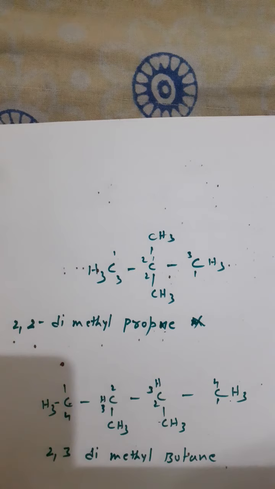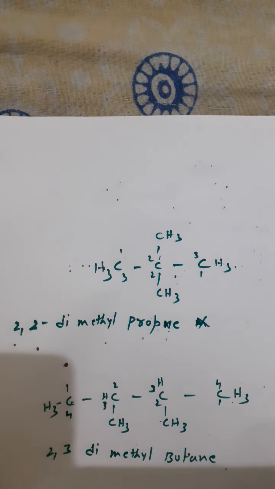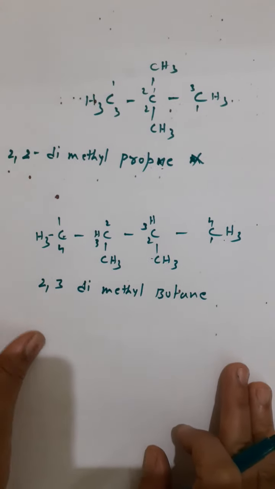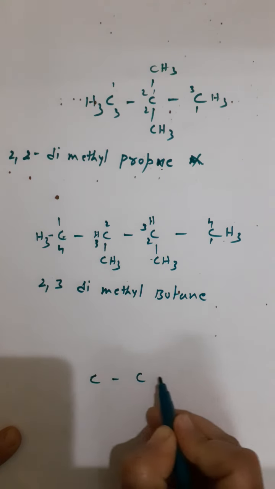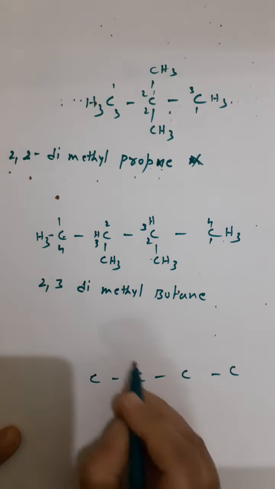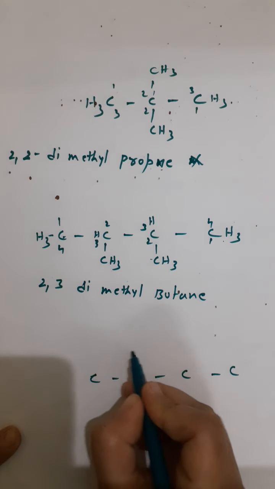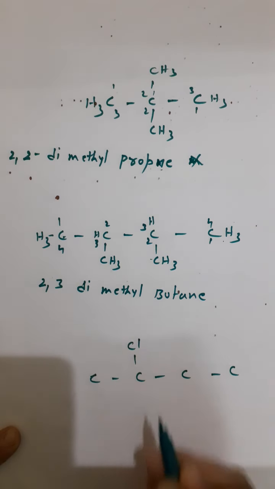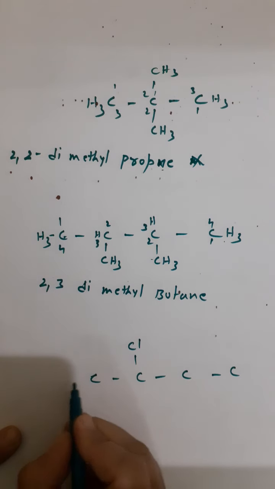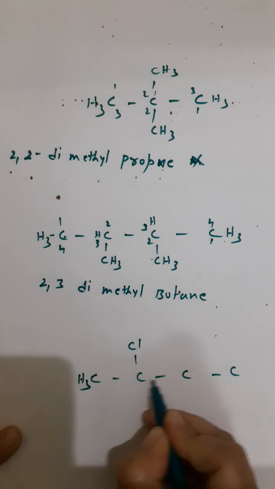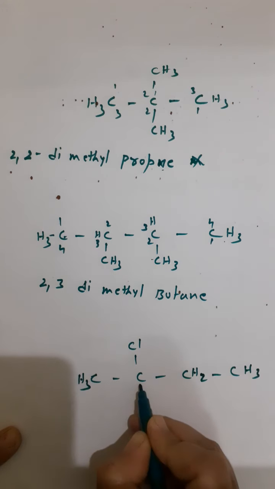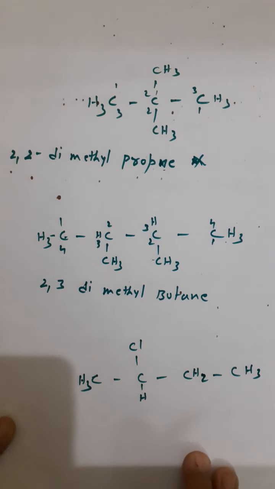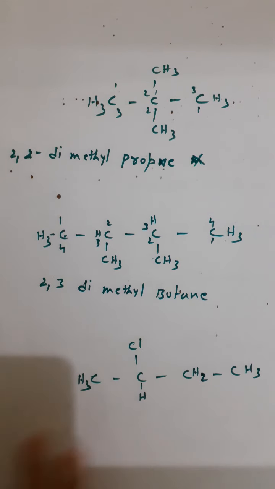Okay. So now let us see with the halogen compound. Let us assume that there is this particular 4 carbon structure with one chlorine being attached. Complete the structure. Yes, so 1, 2, 3, so there should be one more hydrogen. Now how will I name it? Again follow the same rule.